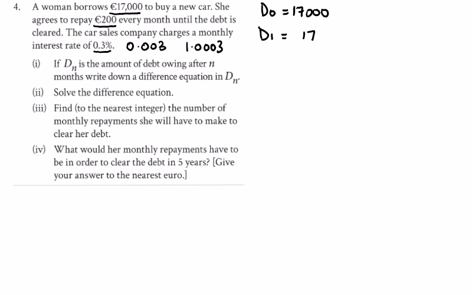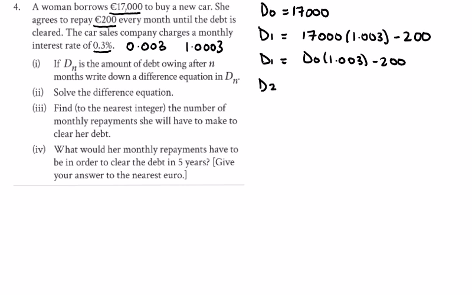She'll owe 17,000 times the interest rate, 1.003, minus the amount that she pays back, 200. So 17,000 is D0, so D1 is equal to D0 times 1.003 minus 200.